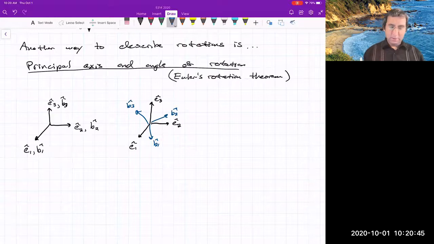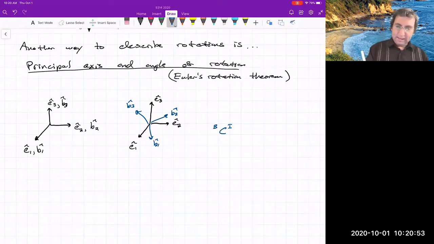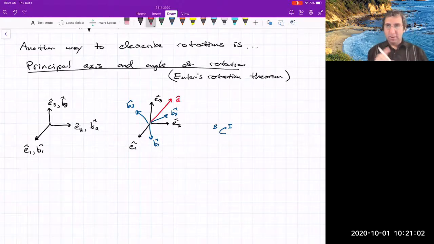You could view this matrix that takes us from one frame to the other in terms of a principal axis, which we'll give a hat. It's a unit direction.